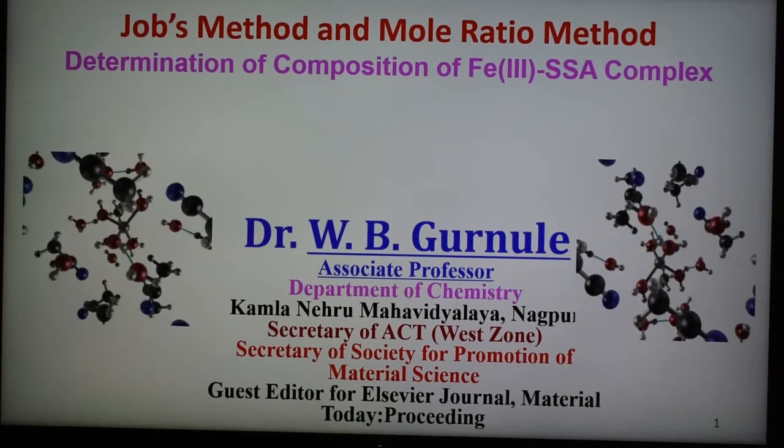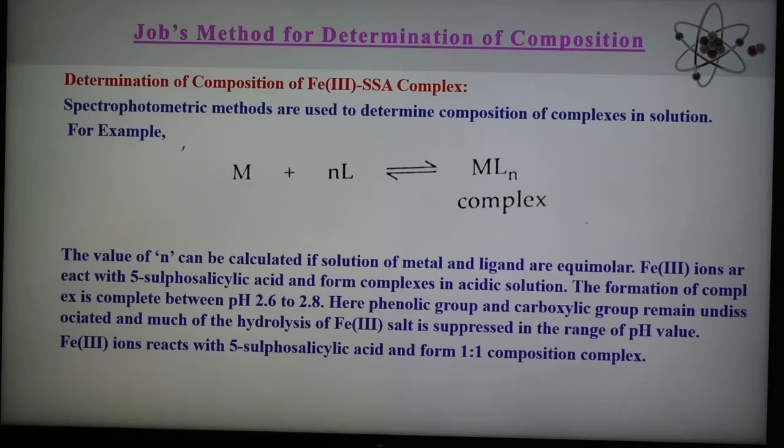The first method is the Job method for the determination of composition of the complex, and here the complex is the iron(III) sulfosalicylic acid complex. In this case, the spectrophotometric method is used to determine the composition of the complex in the solution.